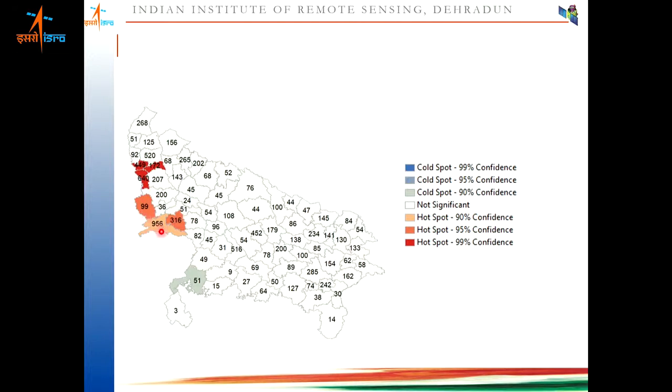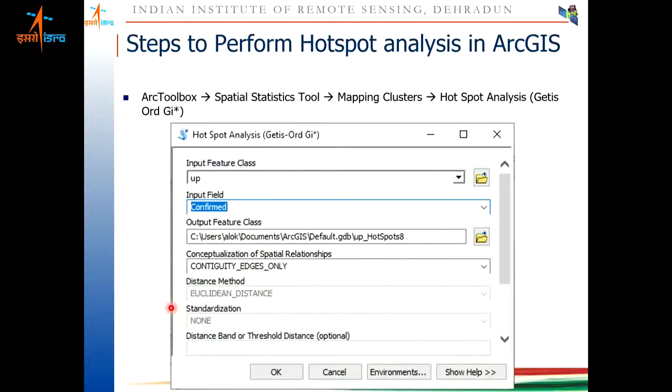Here also they are coming as hotspot, but the significance level is a little lesser because not all the surrounding polygons are having high values, only this is having high value. So this polygon itself is having 950 cases, but the confidence interval is lesser in this case. So this way you can interpret your hotspots as well as cold spots.